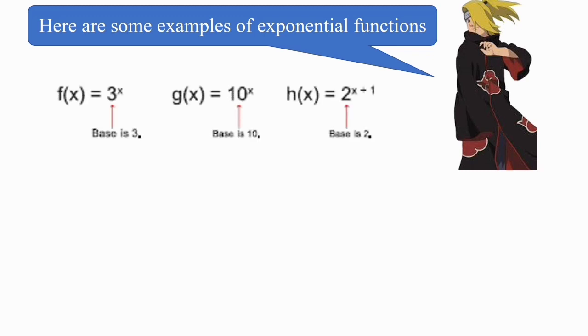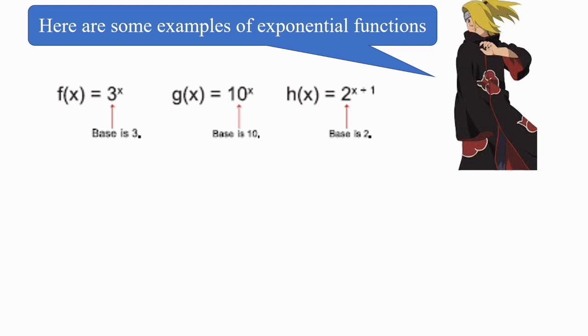F of x is equal to 3 raised to the power of x, g of x is equal to 10 raised to the power of x, and h of x is equal to 2 raised to the power of x minus 1. Kung makikita natin sa example number 1 natin, your base is 3. And sa pangalawang example natin, our base is 10.